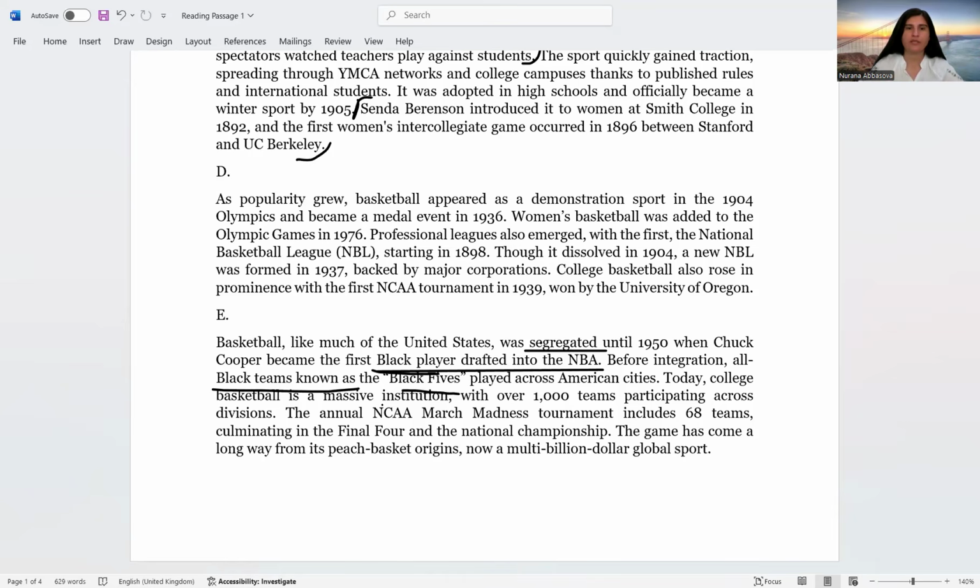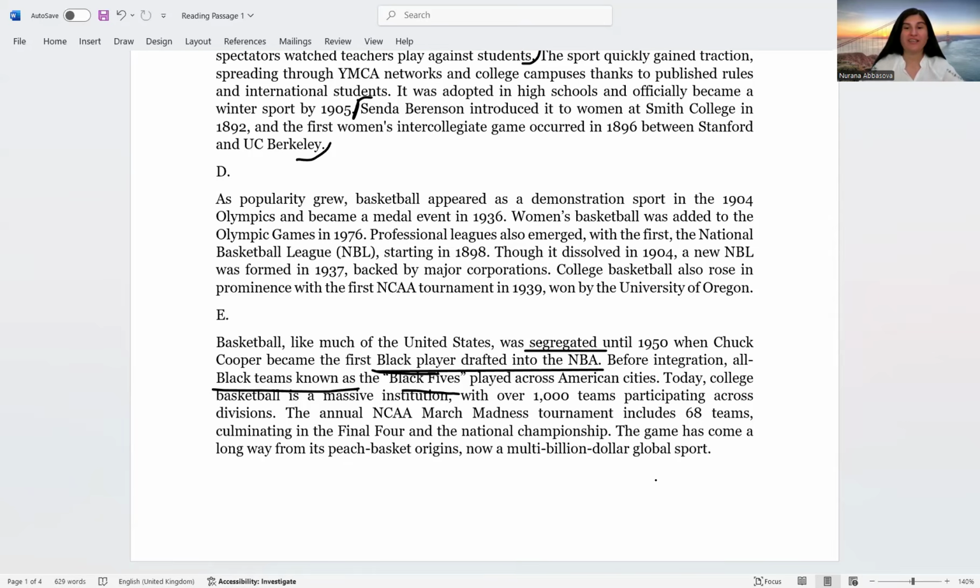Today, college basketball is a massive institution with over 1,000 teams participating across divisions. The annual NCAA March Madness tournament includes 68 teams, culminating in the Final Four and the national championship. The game has come a long way from its peach basket origins, now a multi-billion-dollar global sport.